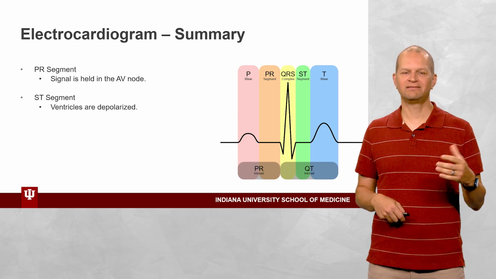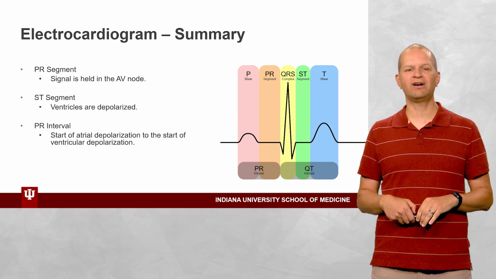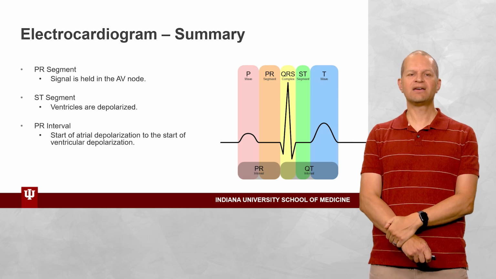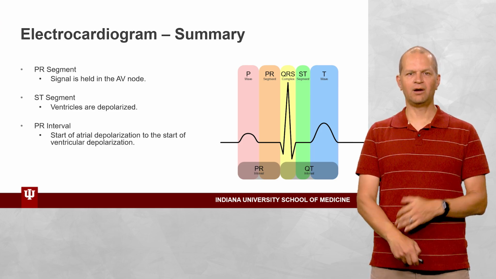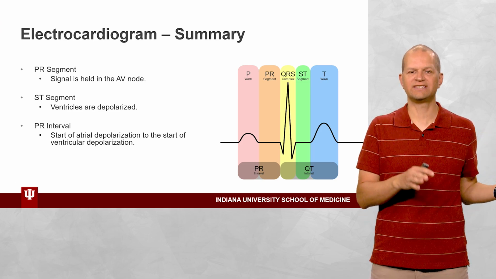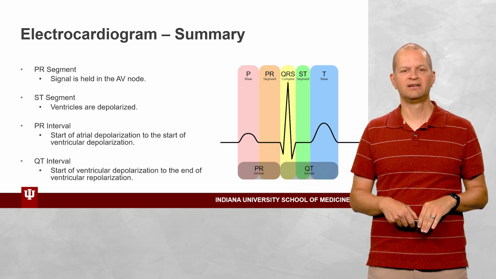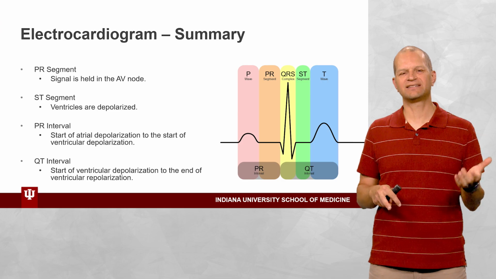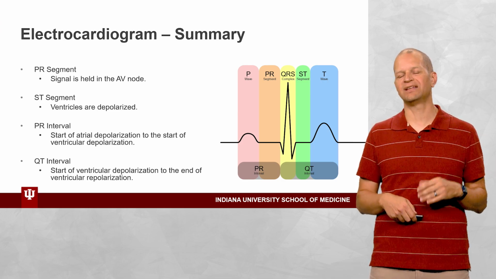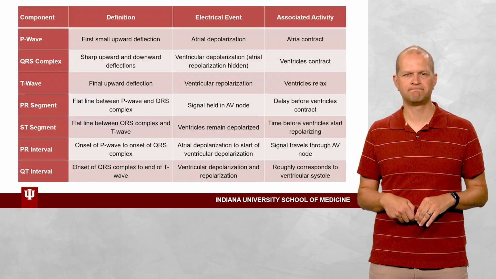The ST segment just lets us know when those ventricles are depolarized. And then we've got the PR interval, which is when atrial depolarization starts to when ventricular depolarization starts. And the QT interval is essentially the time when ventricular depolarization and repolarization are occurring.